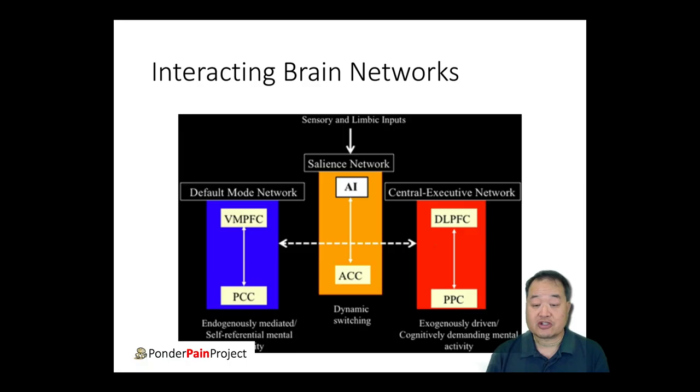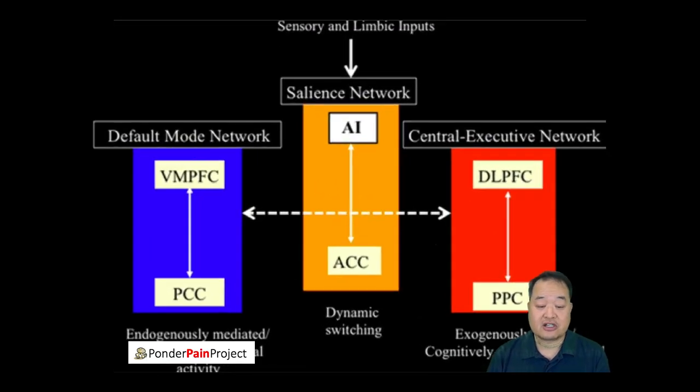And you'll see some of the structures that are activated with these. The default mode is usually a lot of the prefrontal cortex and the posterior cingulate cortex. These are really active with our default mode network. When we start to activate the salience network, we activate the anterior insular cortex and the anterior cingulate cortex.